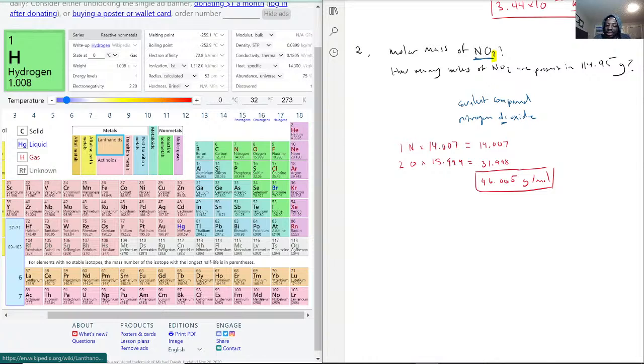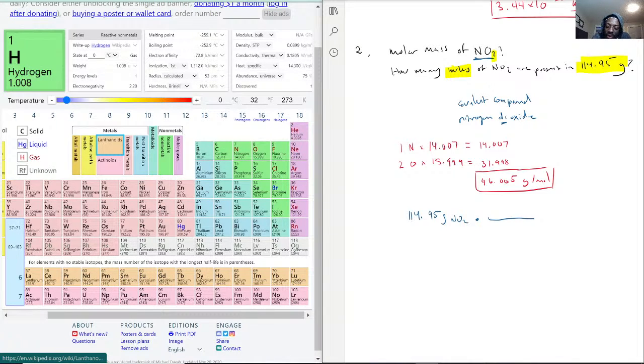Now it's asking us how many moles are present in this amount of grams. So for this, kind of like how we were doing the conversion for the earlier question, we want to make sure that we're converting properly. So they've given us 114.95 grams of NO2. Okay, so now that we have this formula here, we want to make sure that we put the right things in the right place.